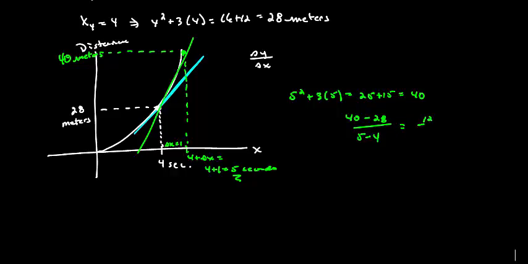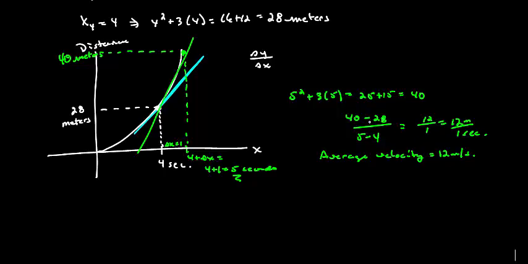And so that's going to give me 12 over 1, which is 12. So that's 12 meters per 1 second. So the average velocity is 12 meters per second between 4 and 5 seconds. So the bus is traveling at 12 meters per second.